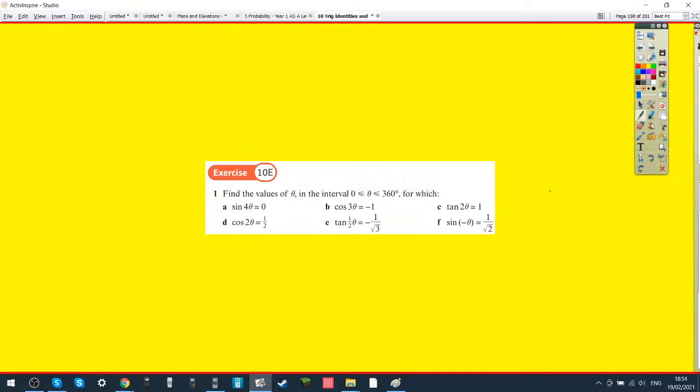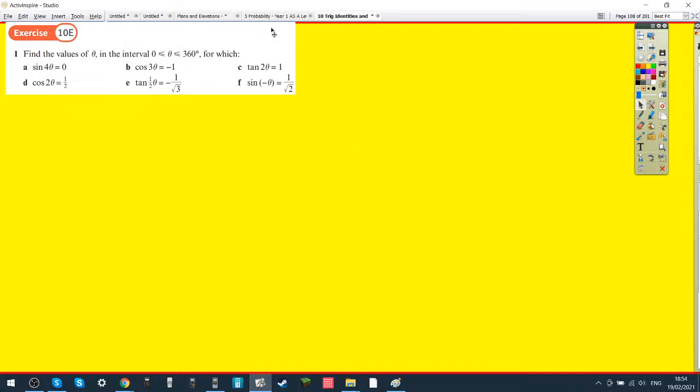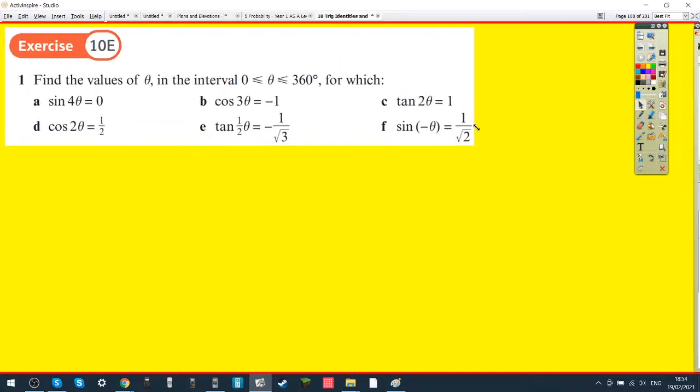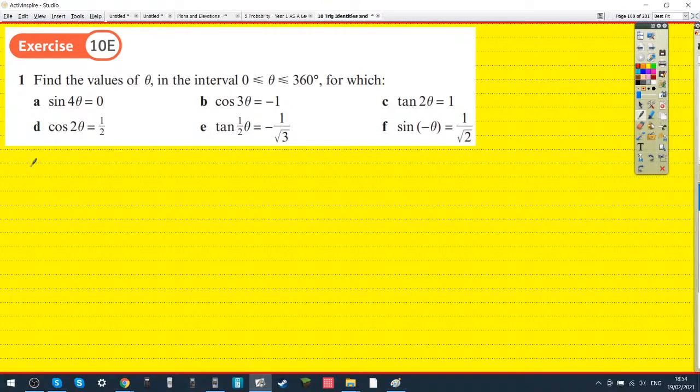All right, what's step 1 for the first one? 4 theta equals A. Correct. And what is the range? 360 times 4, so it's between 0 and 1,440.